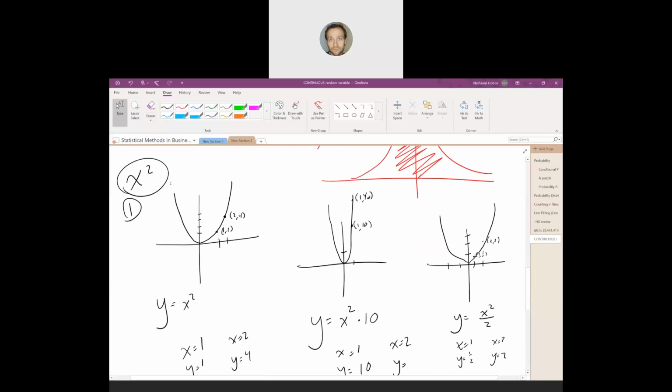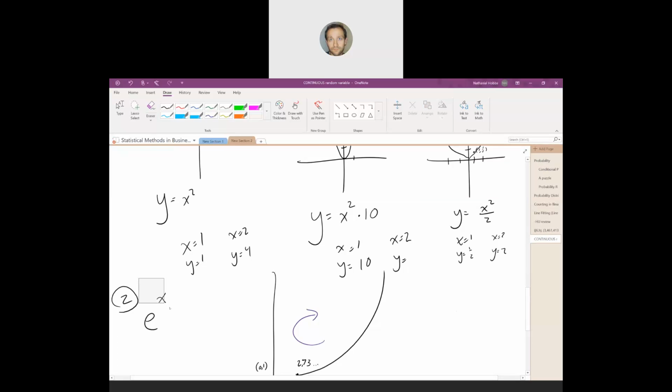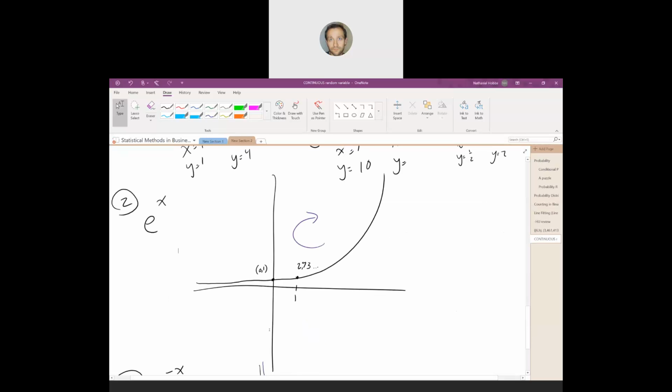We have an x squared function. A couple things to notice about it. It's symmetrical about the y-axis. It's not exponential growth. It's polynomial growth. E to the x, this is exponential growth. Things grow very, very quickly.